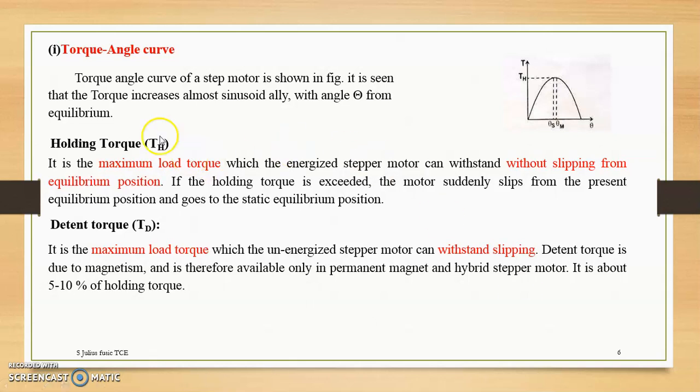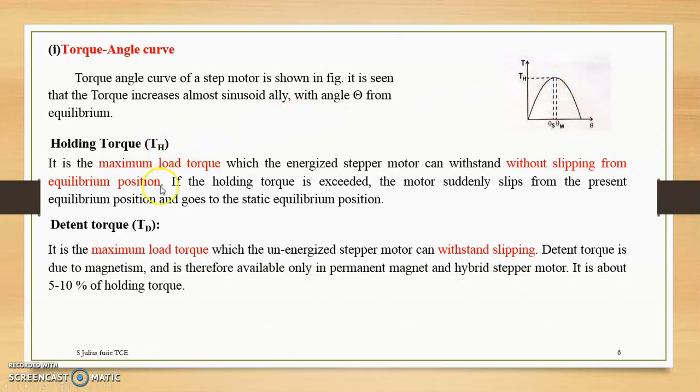The torque angle curve is defined as: whenever the angle increases or the step angle changes, your torque creates a sinusoidal waveform. So the torque angle curve explains that as the step angle increases, your torque creates a sinusoidal waveform, and the maximum point of your torque is denoted as the holding torque.